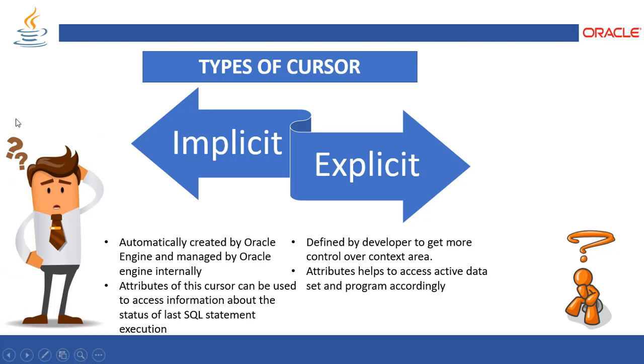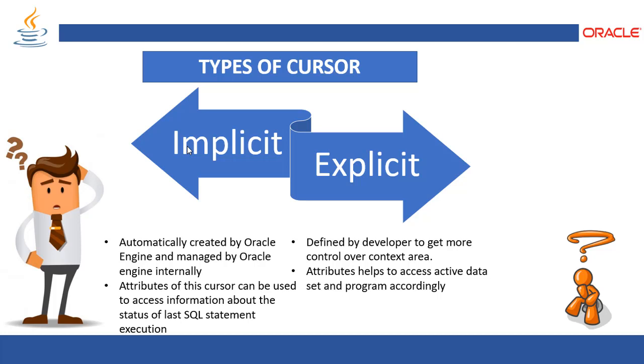Implicit cursors, which are operated by default by the Oracle Engine, are automatically created after every SQL execution. The attributes of this cursor can be used to access information about the status of the last SQL statement execution. It's just like a pointer pointing to a memory space where your data is stored.